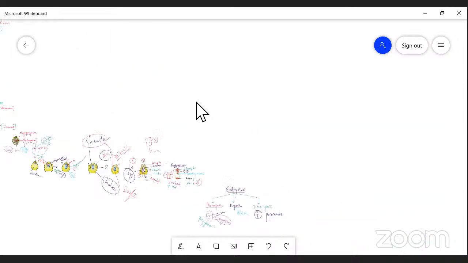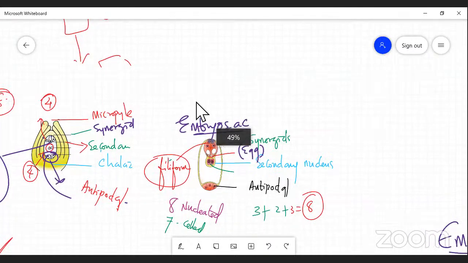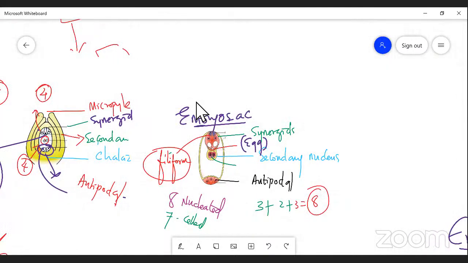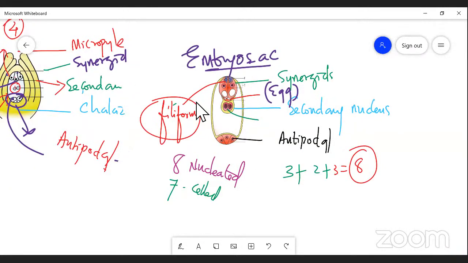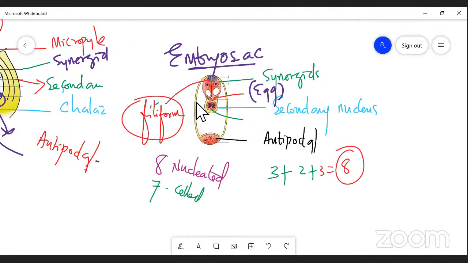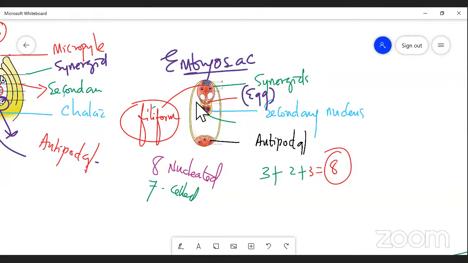Okay, what are the parts seen in the embryo sac? Because finally we discussed it. It's a female gametophyte. Which of the parts are seen there? Students, are you able to hear? The beautiful structure is seen on the screen. I have drawn and labeled some parts.